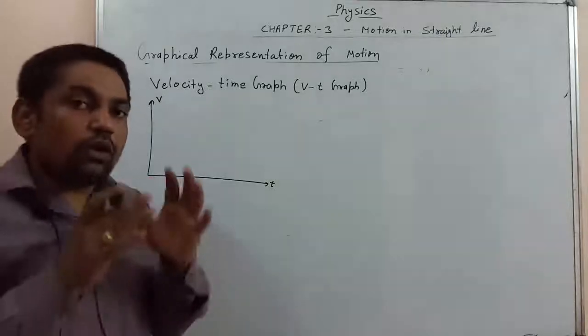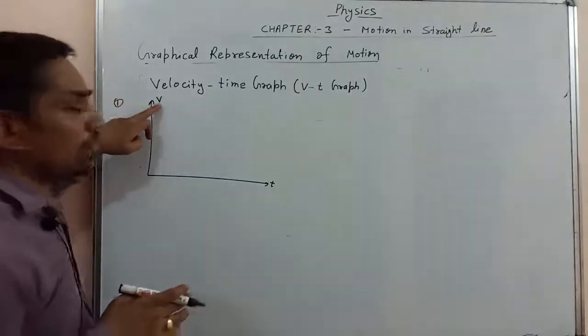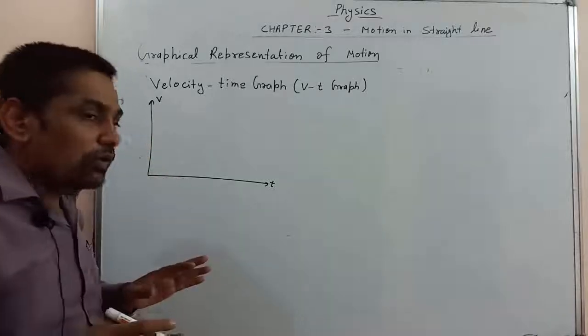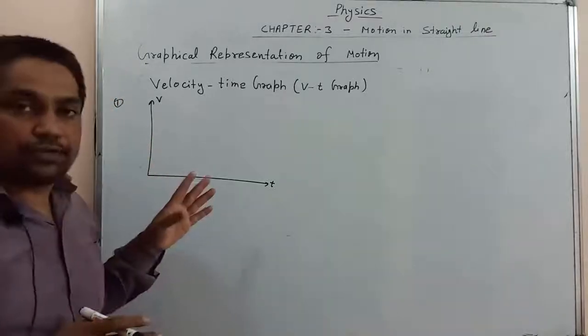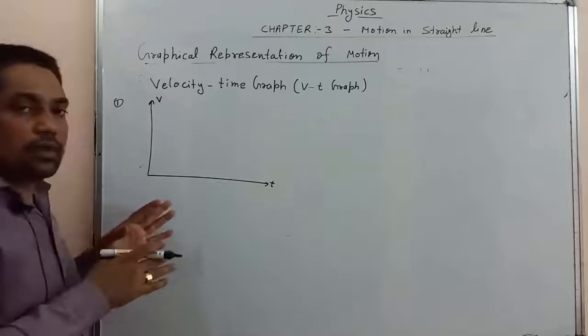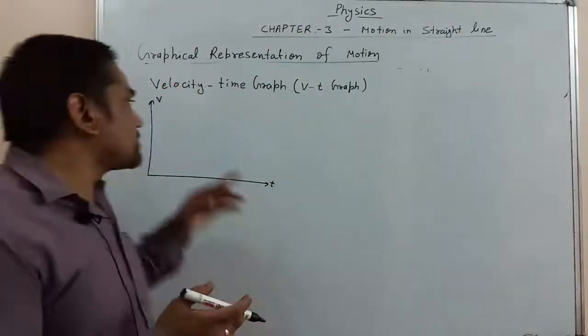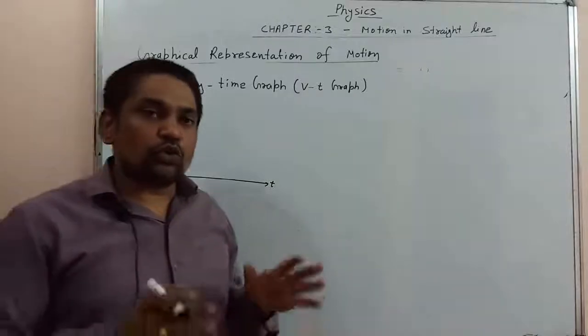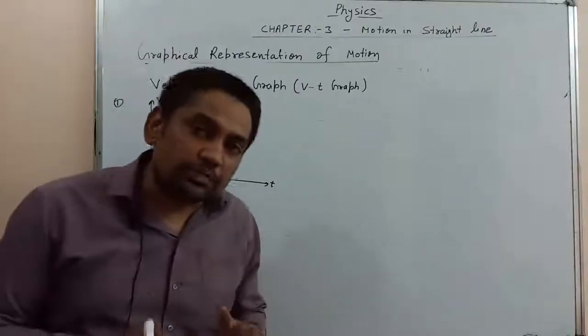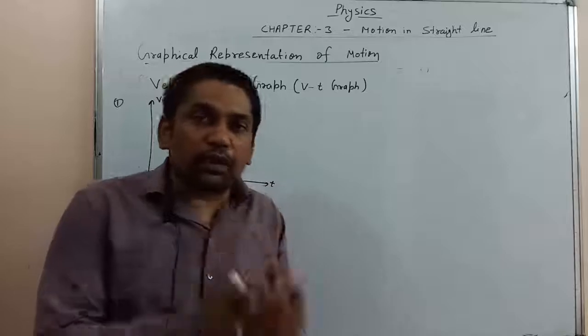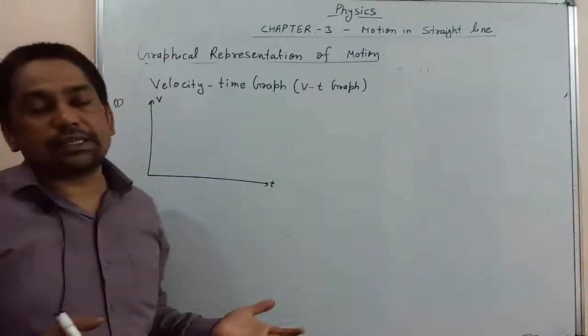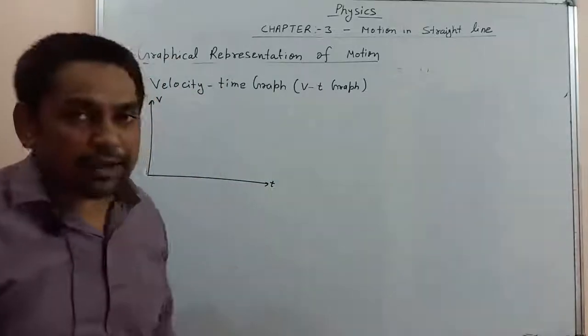First of all, focus that here on the y-axis it is not displacement, it is velocity. So think about the velocity, which increases or decreases with respect to time. Displacement is not here, so forget about displacement and think about the velocity, which is variable with respect to time.